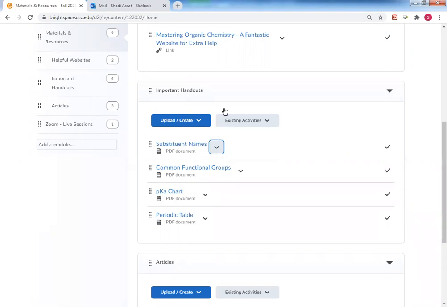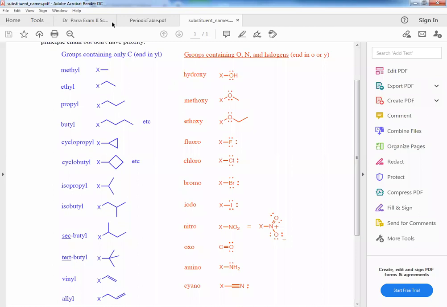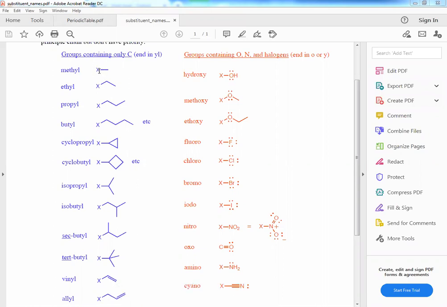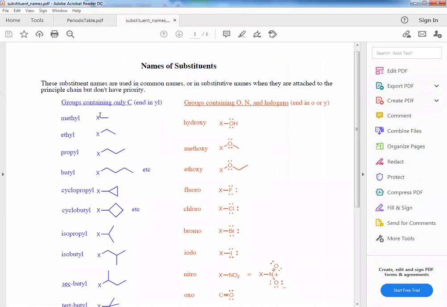It would open up this page right here. So you have the substituents. Now, let me warn you before you begin, that X doesn't mean a halogen. The X here is the attachment point, where it has an attachment.